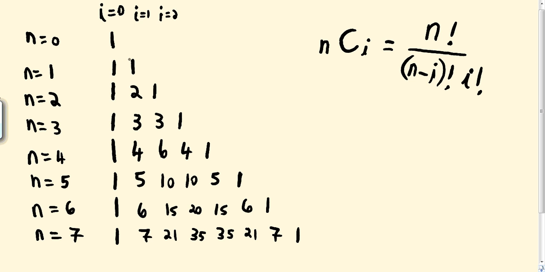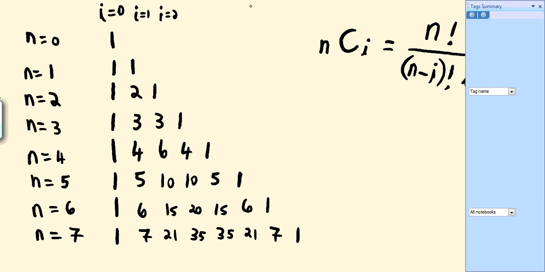So this is 0, 1, 2, 3 for I, 4 for I, 5 for I, 6 for I, 7 for I. So basically, I'm taking n down the side here, and I across the top. All right. So let me actually clean this up a little bit.